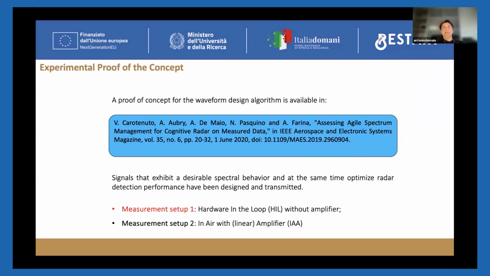Signals that exhibit a desirable spectral behavior and at the same time optimize the radar detection performance have been designed and transmitted. Two measurement setups have been considered. The former, measurement setup number 1, is a hardware-in-loop approach without amplifier. And measurement setup number 2 is in air with a linear amplifier.